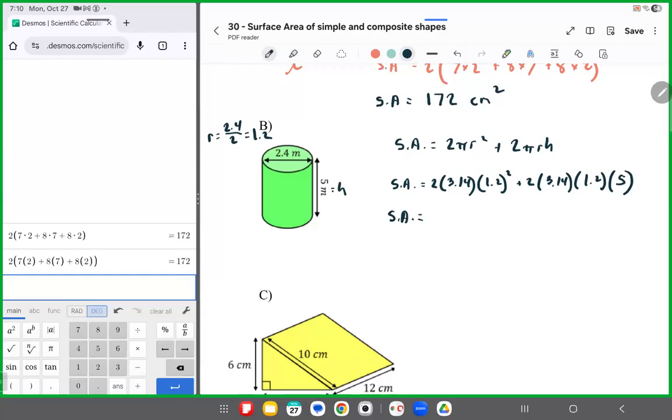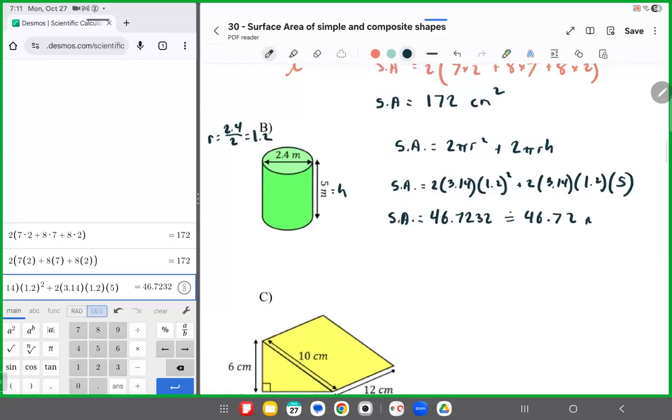Okay, so we could type this in on our calculator. 2 multiplied by 3.14 times 1.2 to the power of 2 plus 2 times 3.14 times 1.2 times 5. And so we get our surface area answer to be equal to 46.7232, which we can claim is equal to about 46.72, and this will be in meters squared.